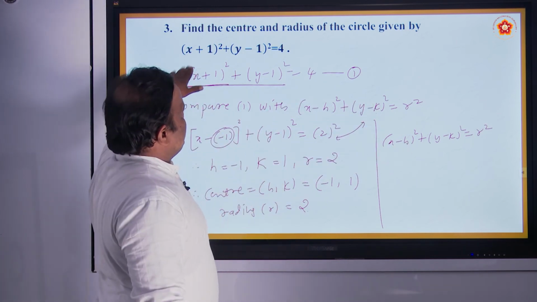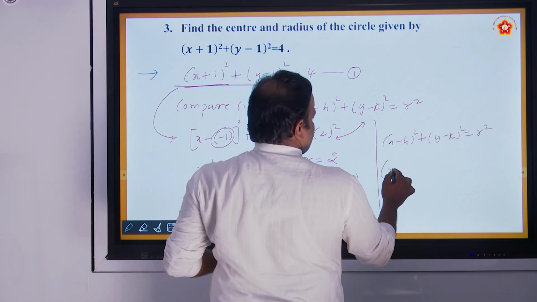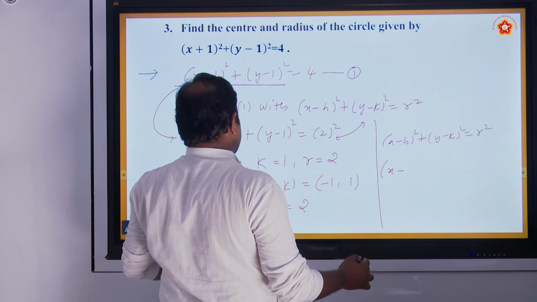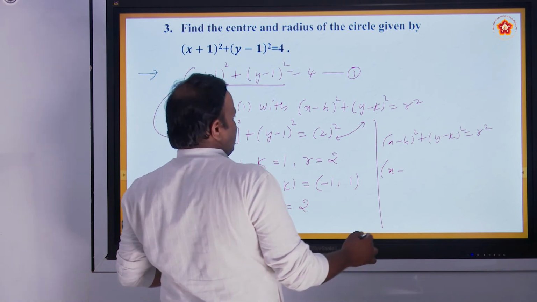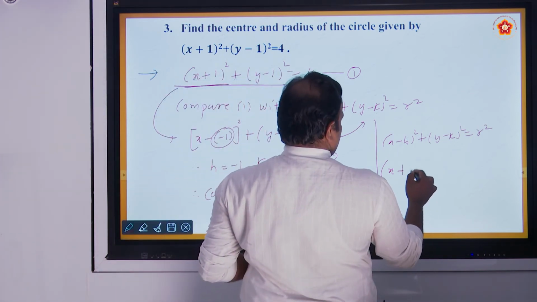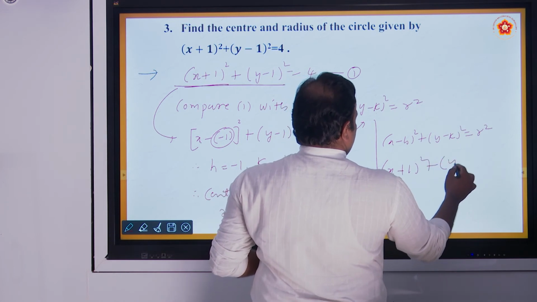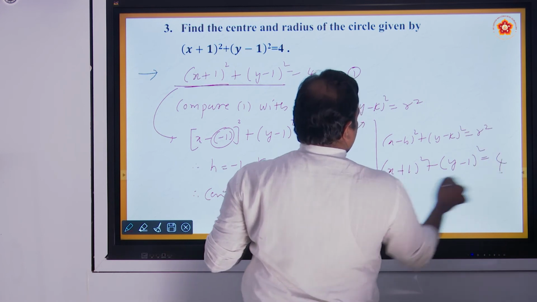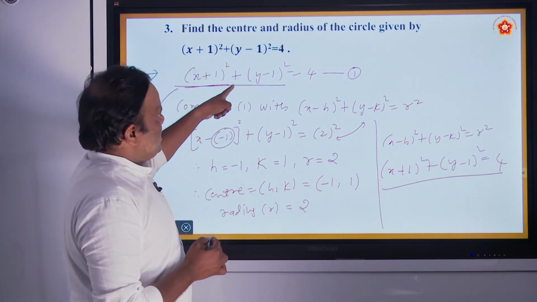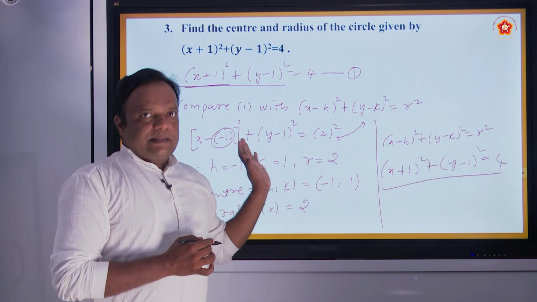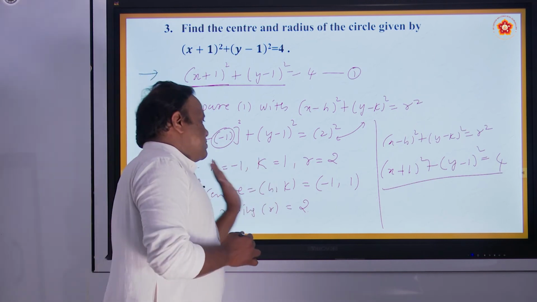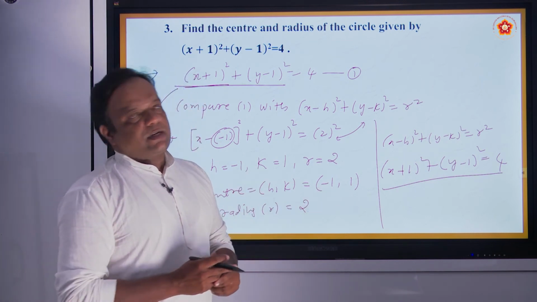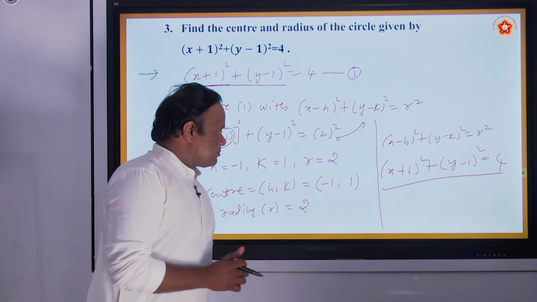We will get the same answer. h is nothing but minus 1, so this becomes x plus 1 whole square, plus y minus 1 whole square, and r is 2, so r square is nothing but 4. Again we have x plus 1 whole square plus y minus 1 whole square equal to 4. This is the verification. Our answer is correct. So h is minus 1, k is 1 and r is 2. This is the equation of the circle in center radius form.